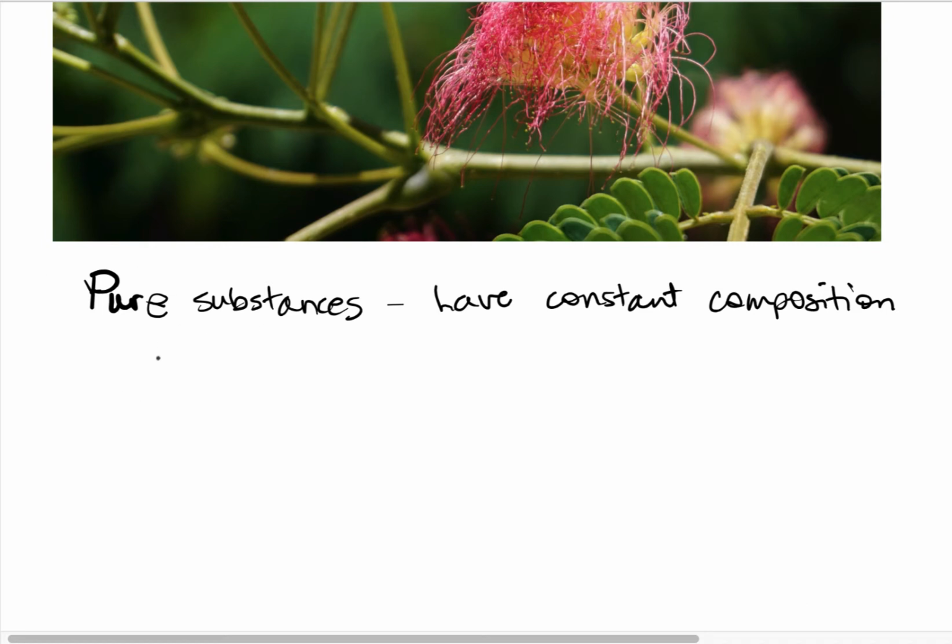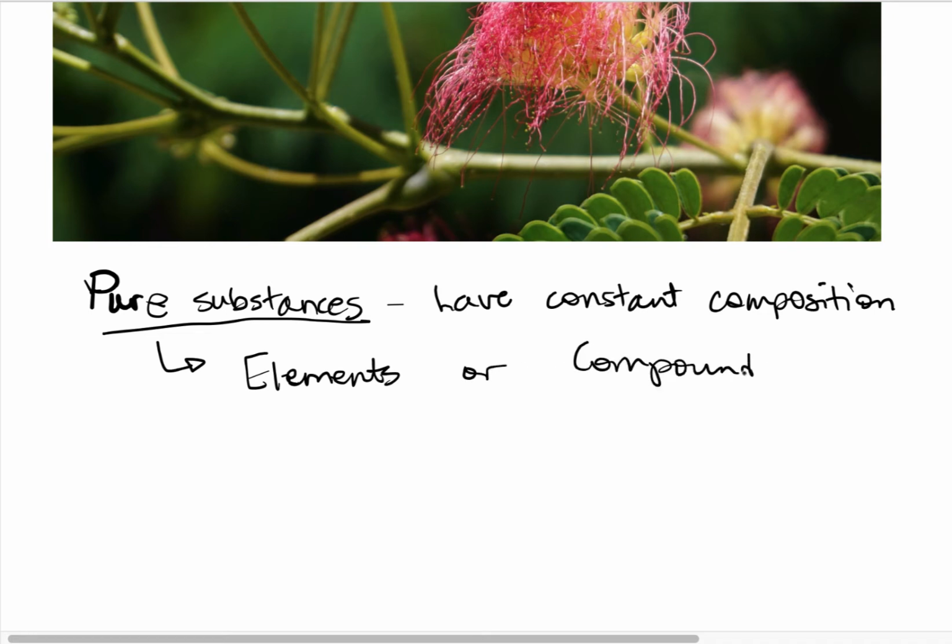And pure substances can either be made out of elements or they can be made out of compounds. We haven't really talked about atoms yet, although you probably already know what they are. But elements are materials that can't be chemically broken down into other materials.